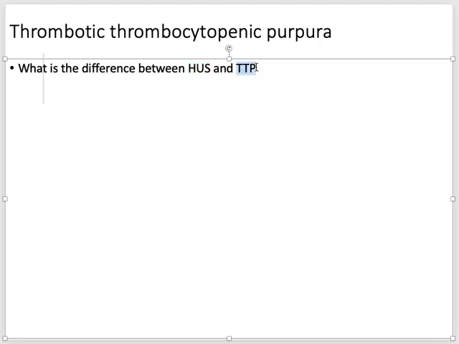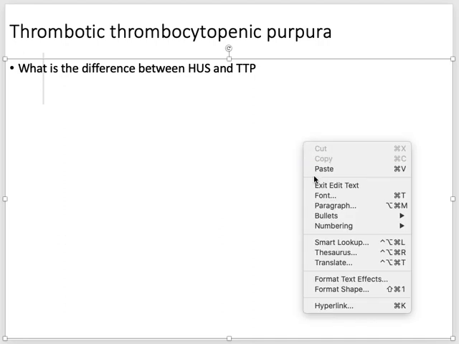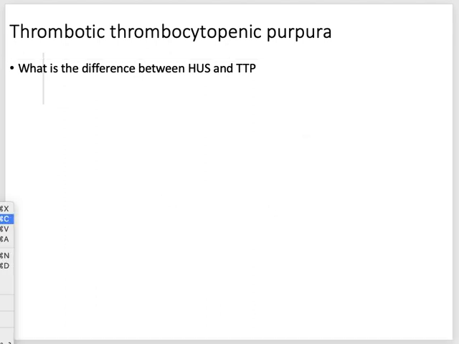This one occurs in adults. So let's make two sections over here. First of all, I will try to see how to make two sections over here. Okay, wait, I know.